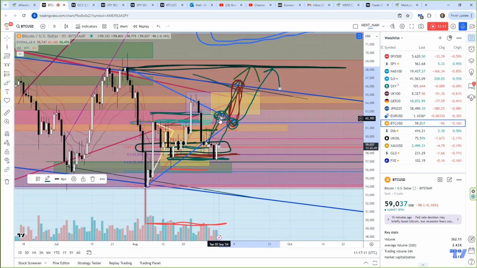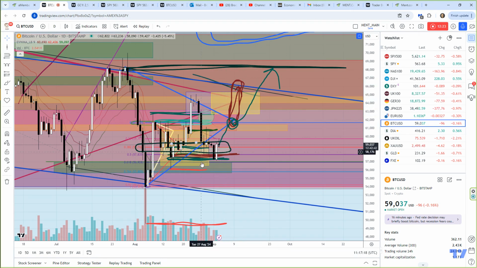And I'll get rid of some of these lines from the weekend and last week. And again, we are holding up in this critical support area. We've now double rejected off this 57,400 area. Very good sign for a base or a bottom.